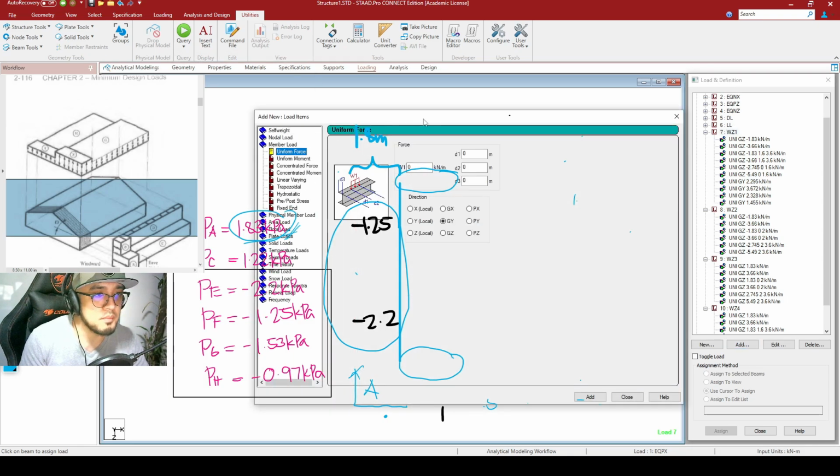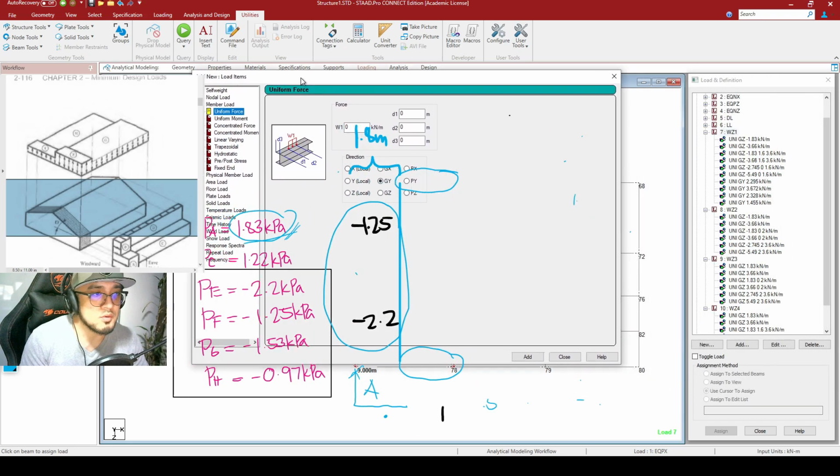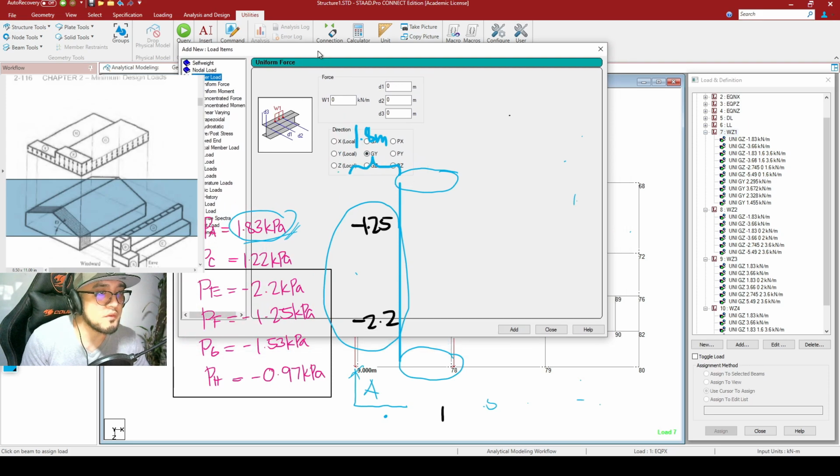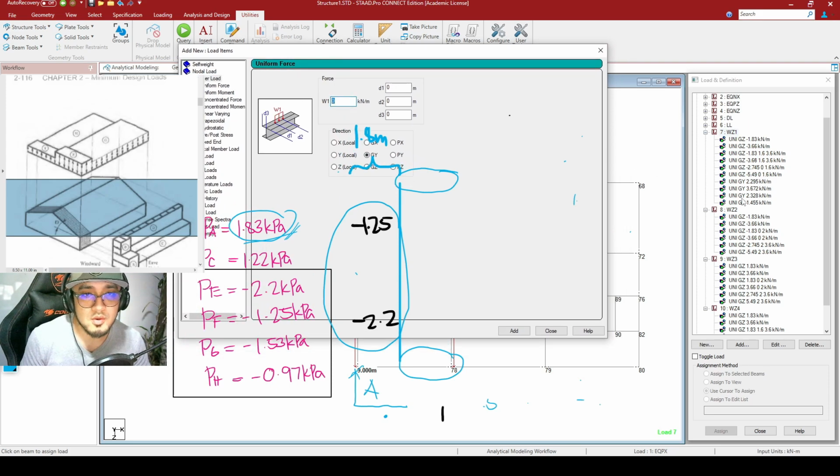Then go to member load. So uniform force and our W1. So I would just be copying this. So 2.295, positive 2.295. But our D1 is to be 1.6 up until 3.6. So why is this the case?